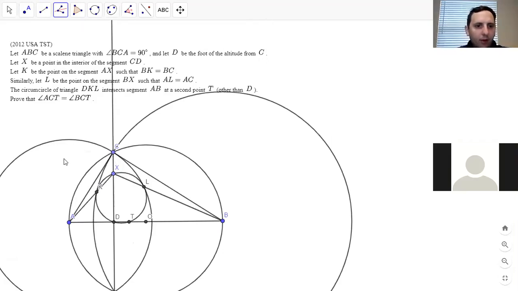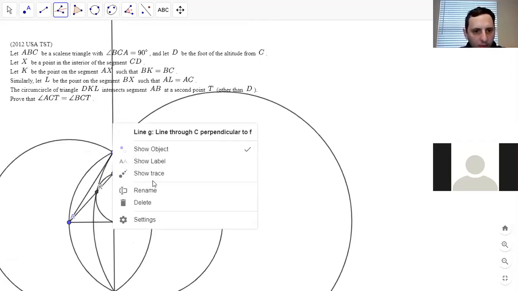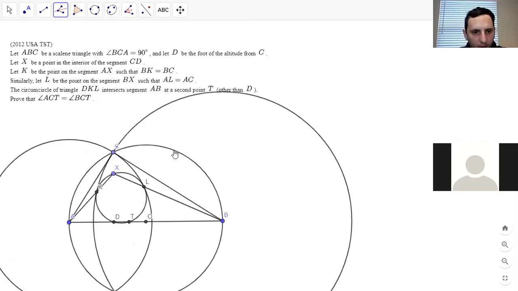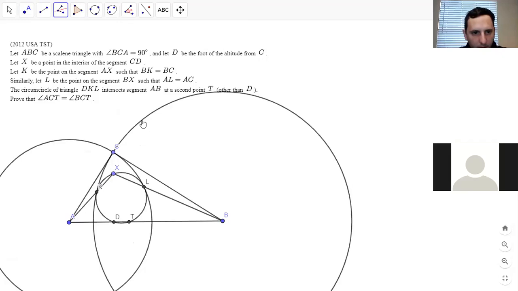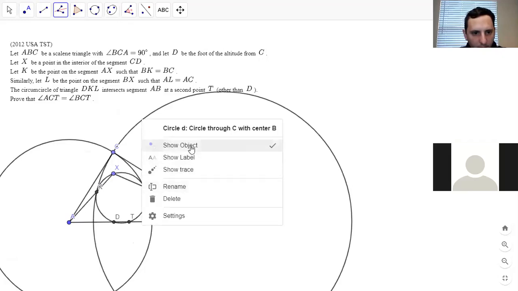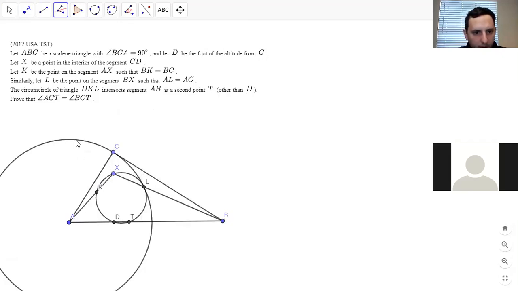It's kind of interesting. I'm going to hide some stuff. We'll just have to remember ACL and BCK are isosceles.